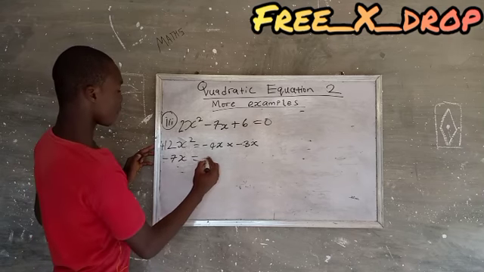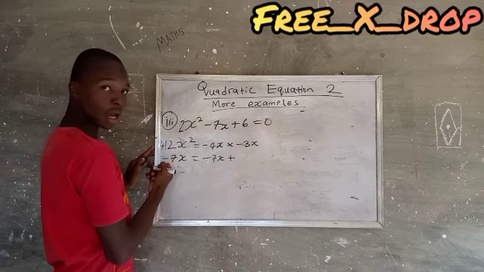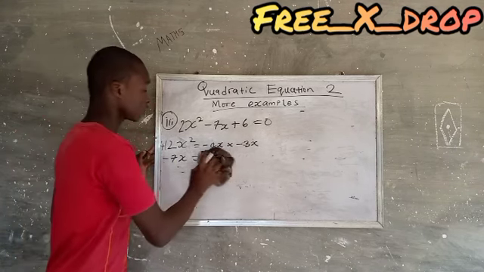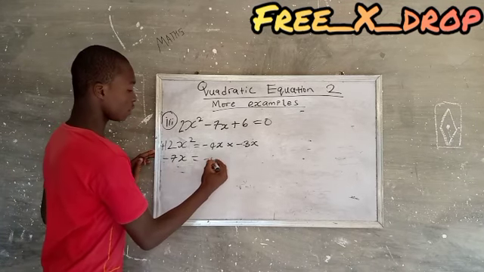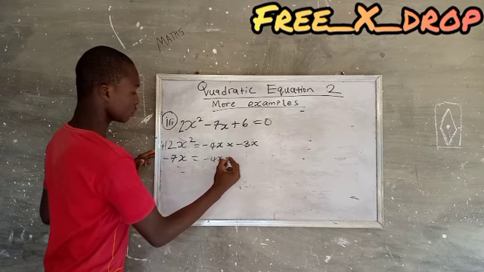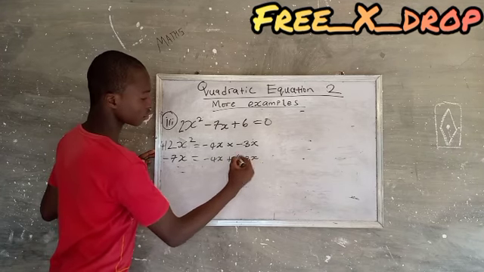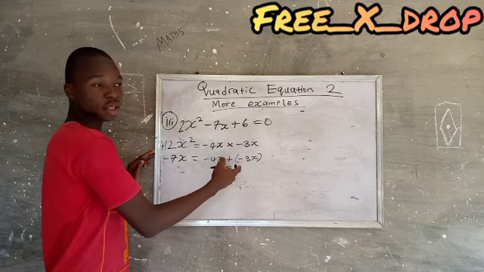Now you have minus 7x plus, you have minus 4x plus minus 3x.